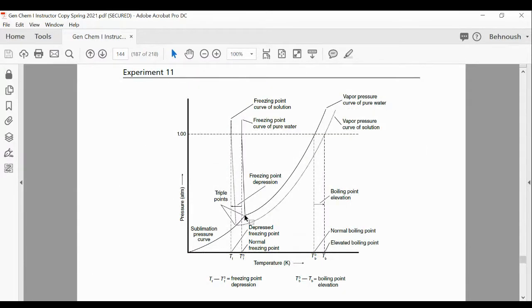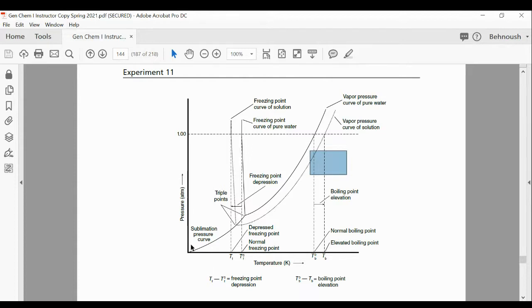Okay, the triple point is right here. You have to read the graph. You're increasing the pressure and increasing the temperature. As you increase the temperature, you start with the solid here. If you increase the temperature, it goes to liquid, and if you further increase, it's going to go to gas.